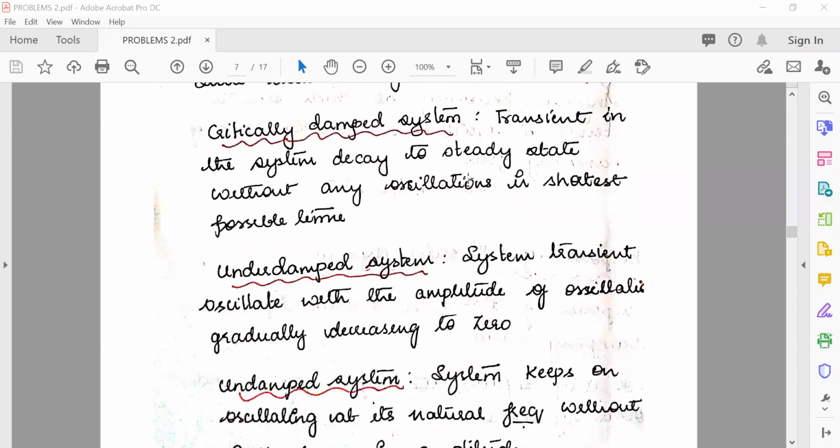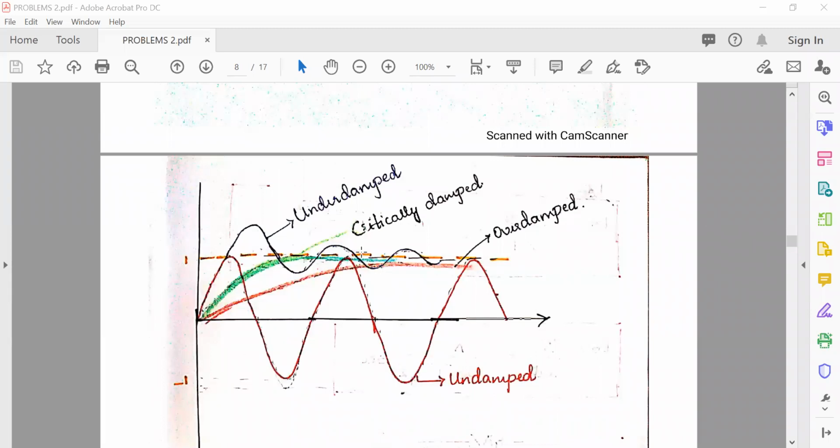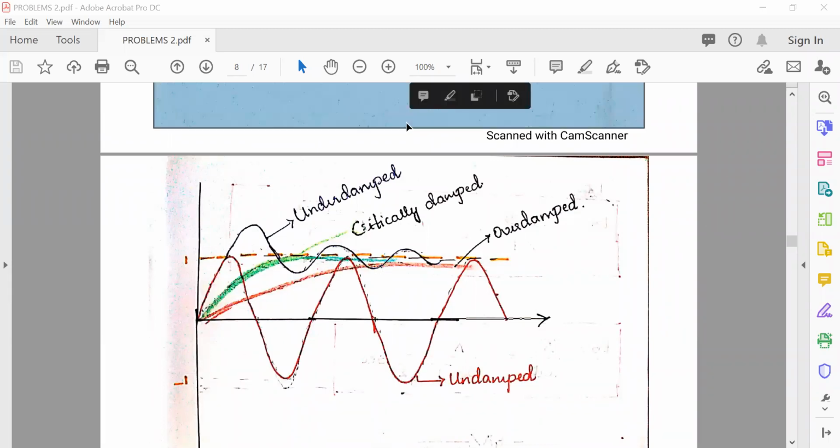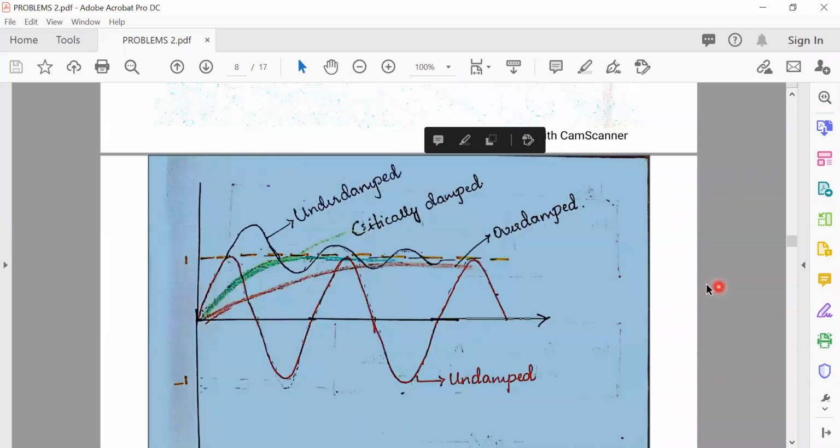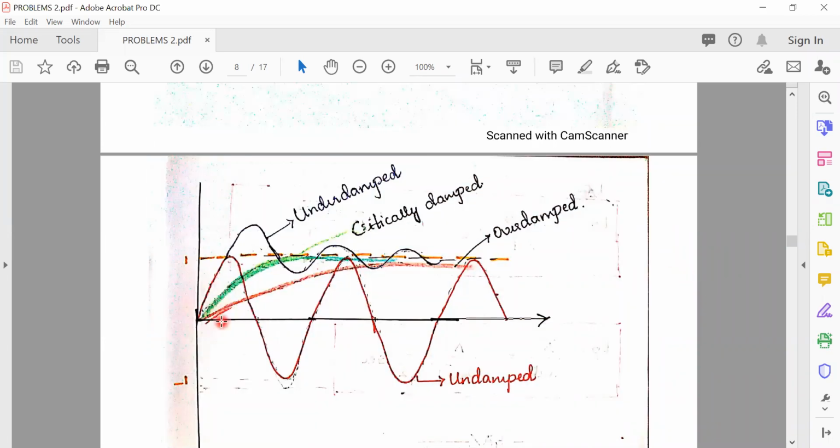Where is that? Here, this waveform is the overdamped. The damping factor is more, so it won't allow the system to oscillate.